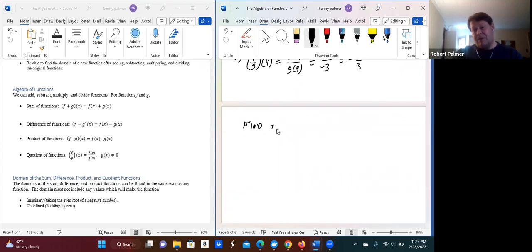I want to find the domain of a function, I'll say of the result of algebra.